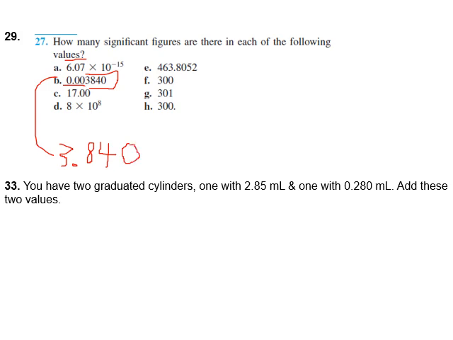And then you'd have to write it times 10 to the minus third, right? Is that right? Yeah. Times 10 to the minus third. Remember, we use this e instead of having to write out times 10 to the minus. So 3.840. If you look at this number right here, how many sig figs does this have? That's really your answer.